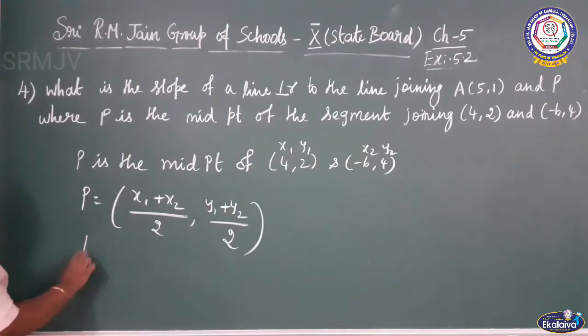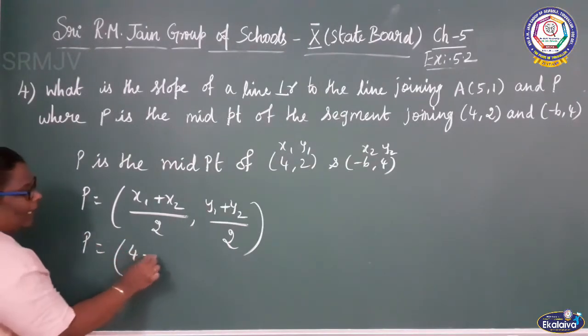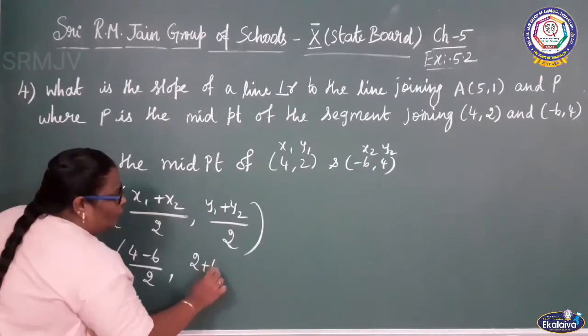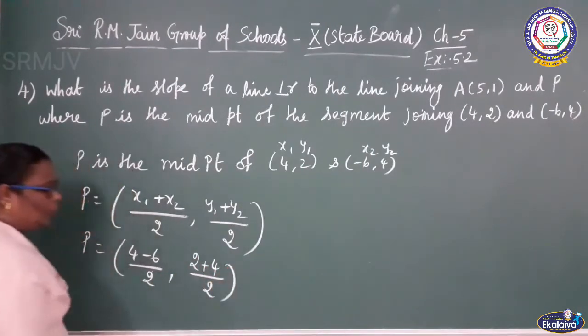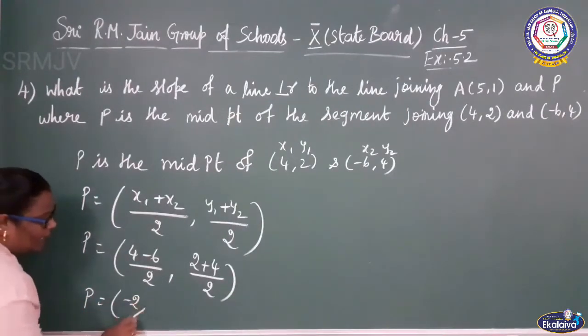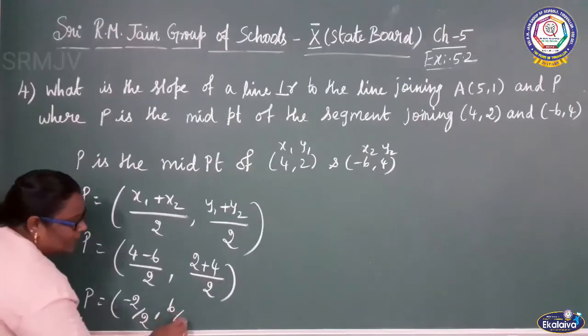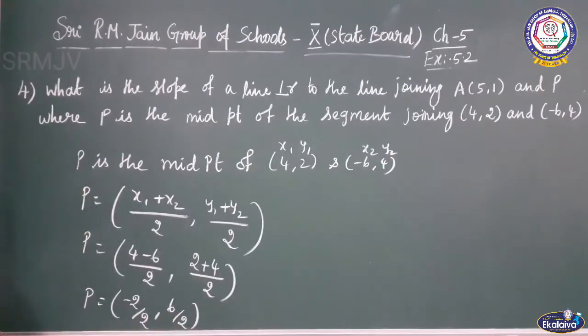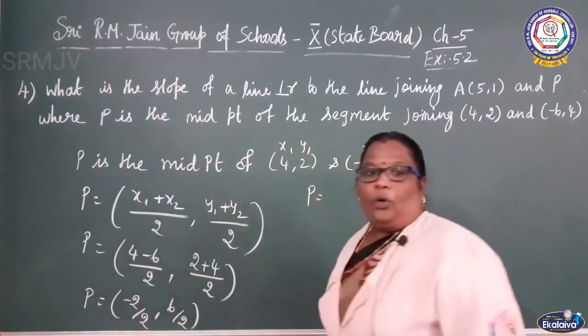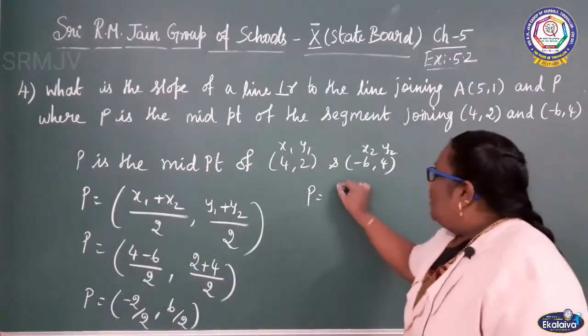So P equals 4 minus 6 by 2, and y1 2 plus 4 by 2. So it gives P equals minus 2 by 2 and 6 by 2. When you cancel these terms, what is the value of P we are getting now? P equals minus 1, 3.